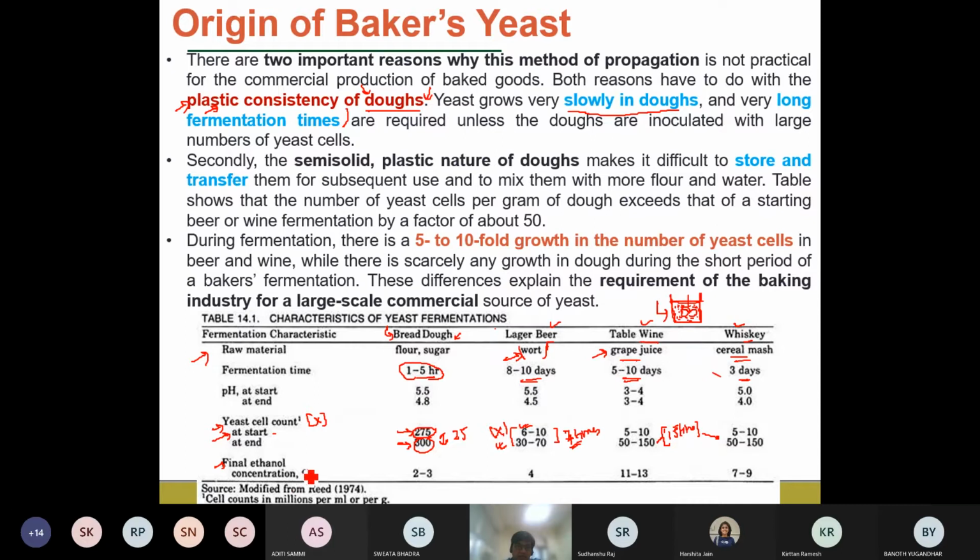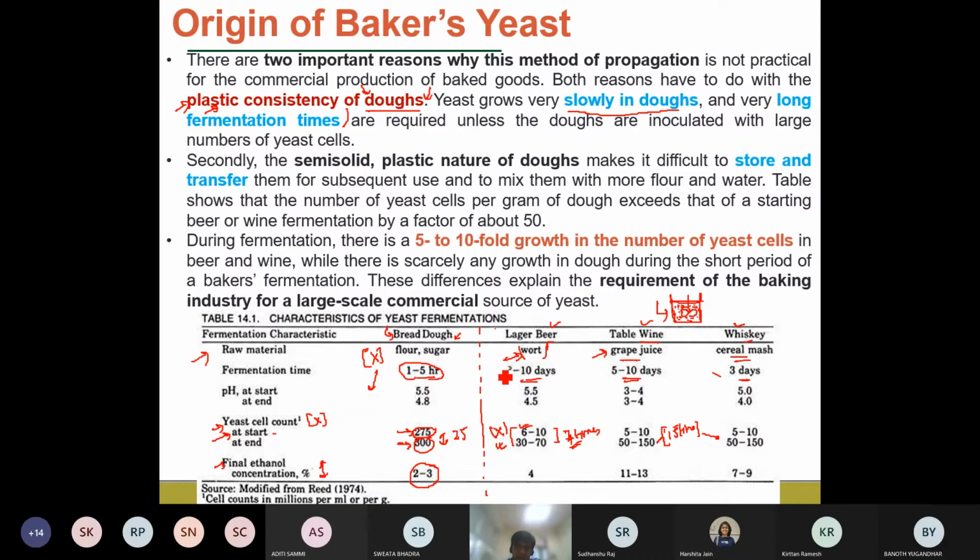Now, if you look into the final ethanol concentration, in the case of the bread dough, as we will see in our subsequent slides, the main target is to improve the biomass concentration and not the production of ethanol. So the pathway is different from the pathways used for alcoholic beverage production.